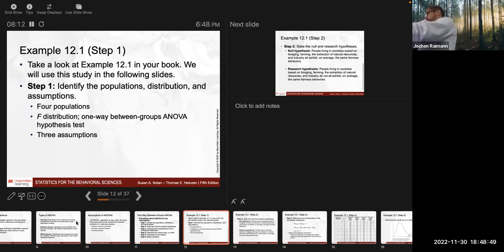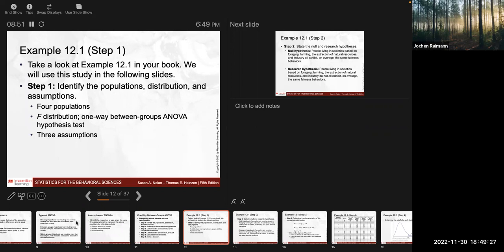It was used to determine the fairness and the equality principle in the 4 societies that were studied: foraging, farming, natural resources, and industrial societies. These 4 populations essentially lead us to think we need to compare them using a one-way between groups ANOVA, because they're independent societies. So these 4 levels of our nominal variable society will essentially be used to estimate the differences.